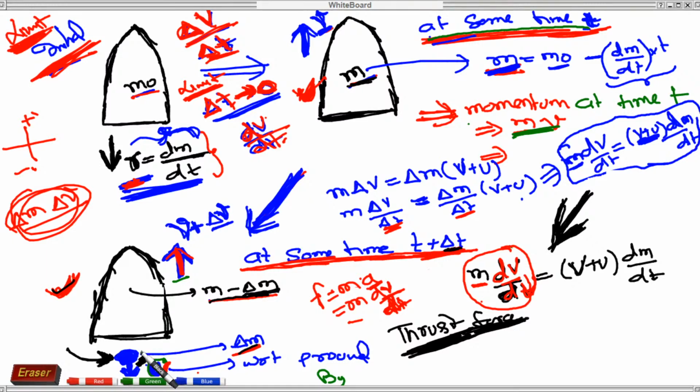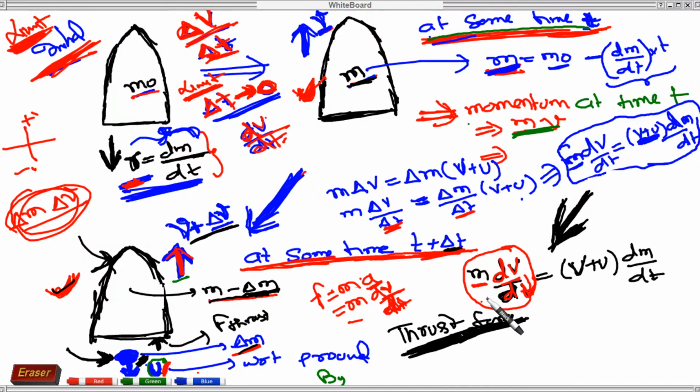So there will be a thrust force, in this direction, that will act on this rocket section. There will be a thrust force, F thrust, that will act on this system. That's why its velocity will become v plus delta v.